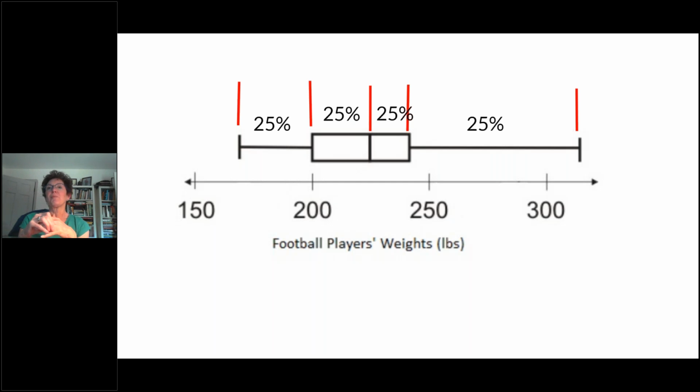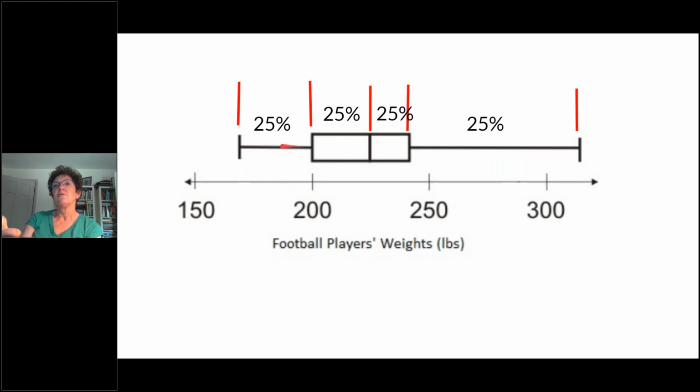The box and whisker plot is really focused more on the range, how spread out our data is. But it can also tell us how close together it is. If our box and whisker plot was very short, very tight, we would know all of our data is clumped towards the middle.